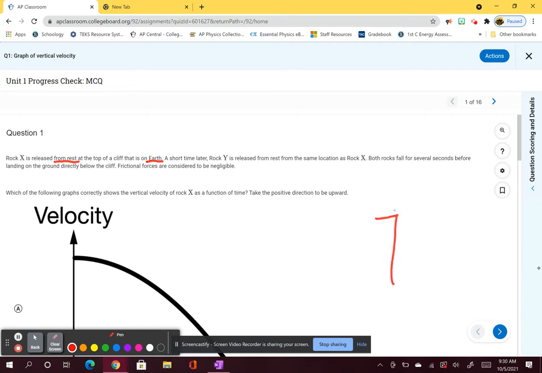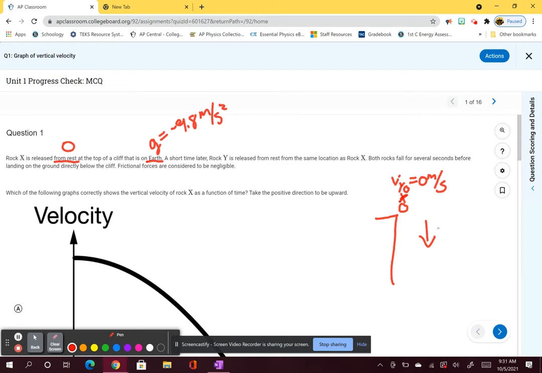You have a rock, you have a cliff, rock X. It's falling from rest, so its initial velocity is 0. Rest just means 0. And since it's on Earth, acceleration due to gravity is negative 9.8 meters per second squared. So we know that it's going down and accelerating downward.